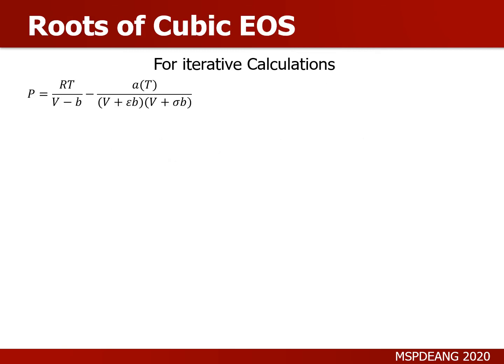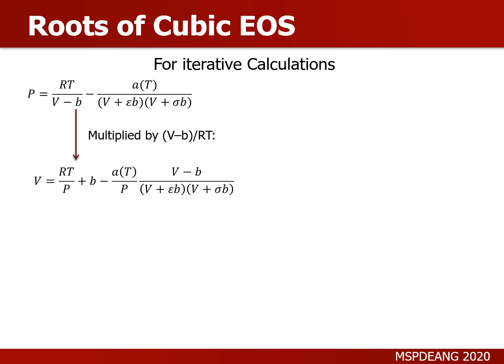Now, how do you actually solve for the roots of the cubic EOS? It depends on which root you want: you either want to calculate the vapor root or the liquid root. For iterative calculations, this is the generic form of the cubic EOS. If you multiply this by V minus B over RT and rearrange, you can get this expression.